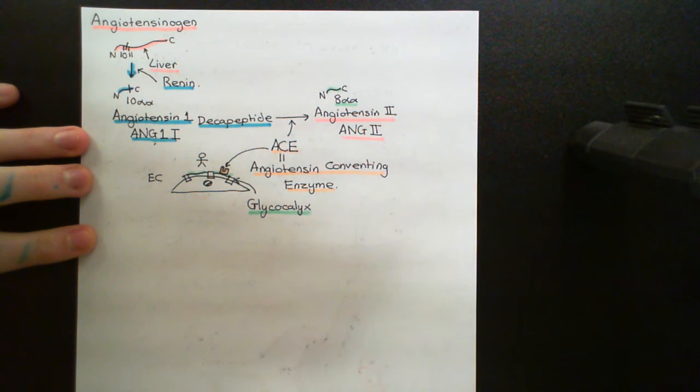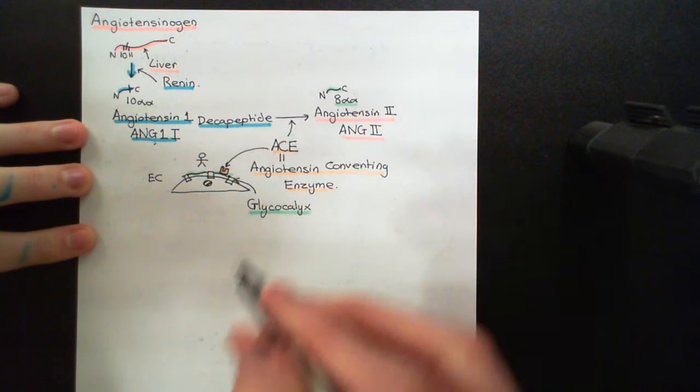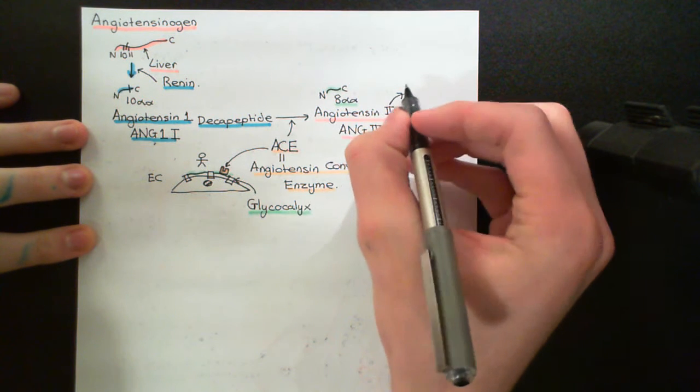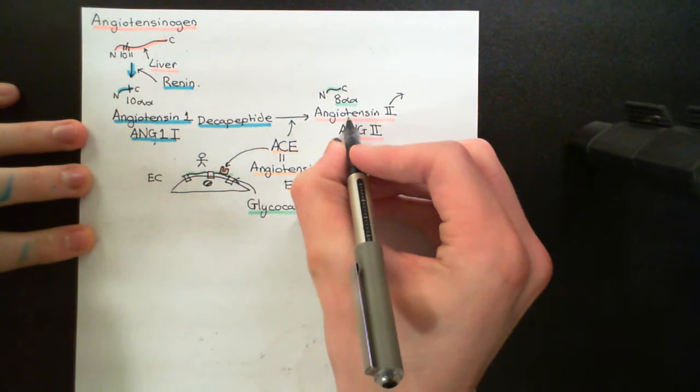Very simple now. Now what I want to see is what are the effects of angiotensin 2, and I'm going to talk about two of the effects of angiotensin 2. There are lots of them that you can go off and learn a list of if you like. I'm just going to dwell on the two main ones. So the first one: why is it called angiotensin? Tense, okay?